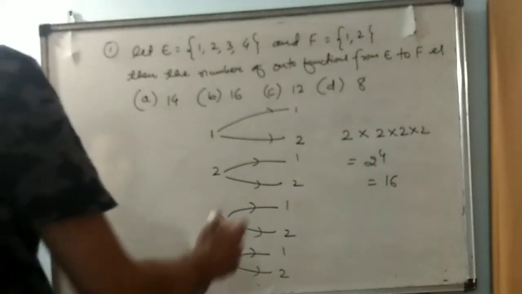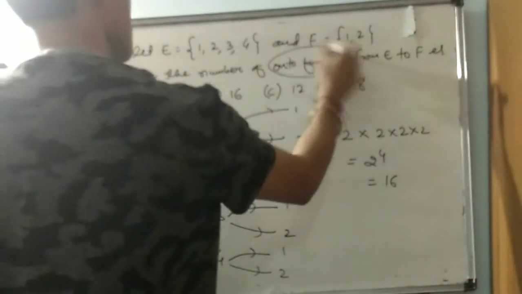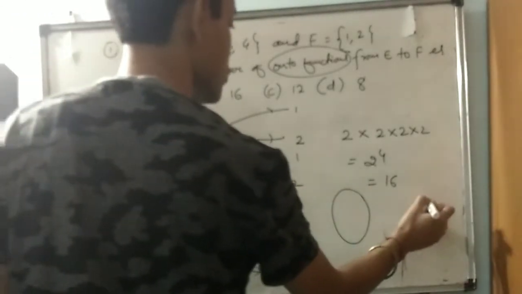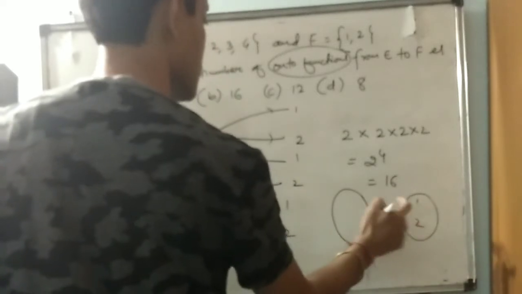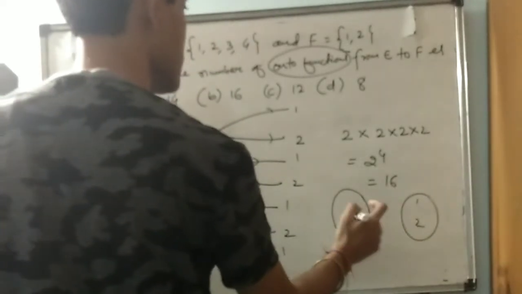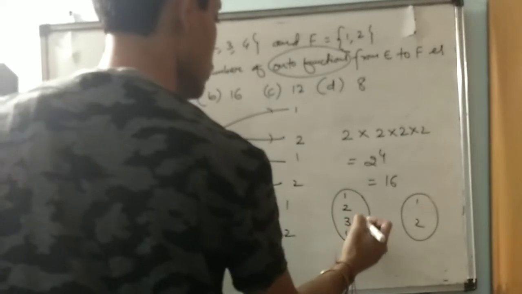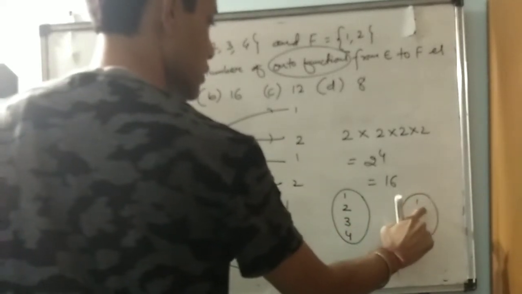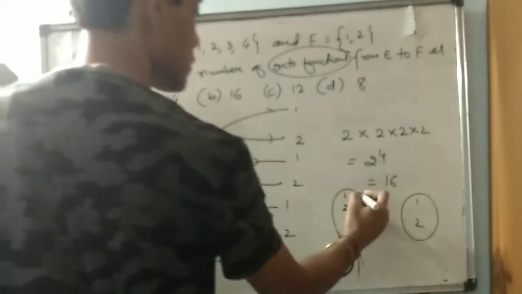Now out of these 16 ways, 2 won't be onto function, and those 2 situations will be the situation when either 1 is left over or 2 is left over, because that is the definition of onto function. For all the images, the pre-images should be defined.